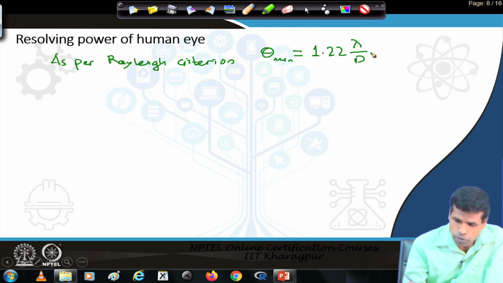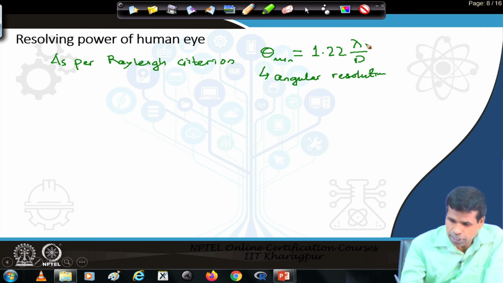Here theta minimum is the angular resolution, and lambda is the wavelength of light, and d is the diameter of the light gathering element.